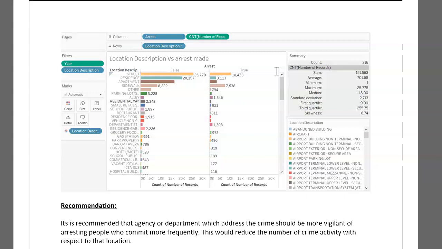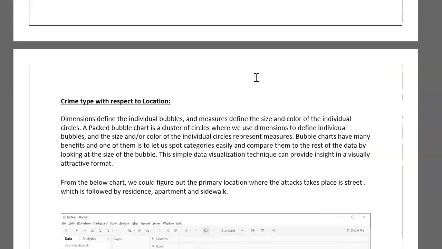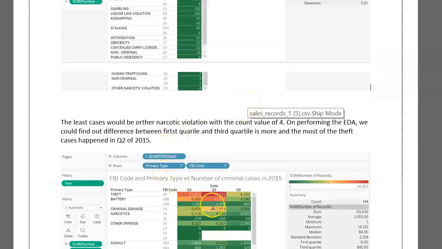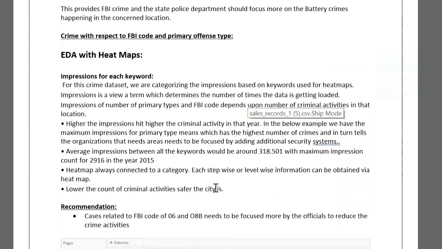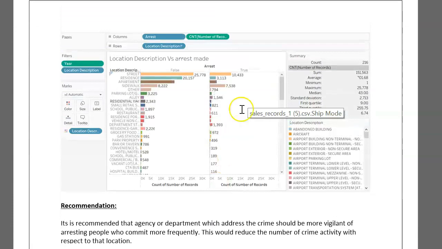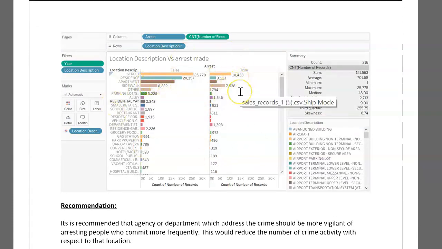If you see here, this is street theft, and around 32,404 in street theft: 25,778 were not arrested, and 10,433 were arrested.